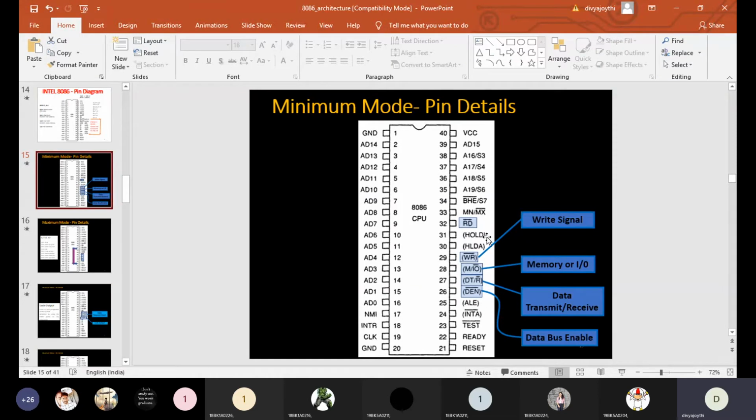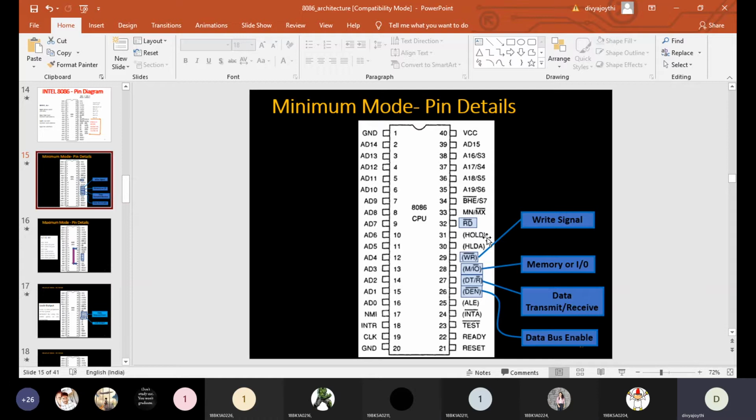If that particular system is ready to hand over its bus signals to the other system, then it will acknowledge through pin number 30. So pin number 30 and 31 are used together, by the other systems. Guys, are you clear with this?